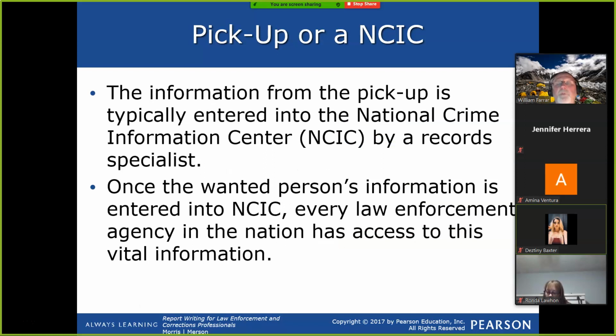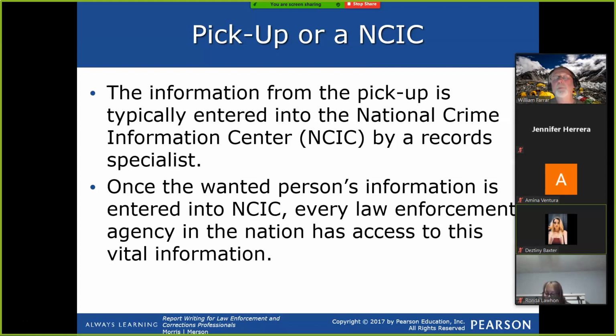So the information from this pickup, as they call it, is typically entered into NCIC by a records person. Remember, I talked about records specialists, records clerks, records officer, different names depending upon where you're at. Once that wanted person's information is entered into NCIC, every law enforcement agency in the nation has access to it.